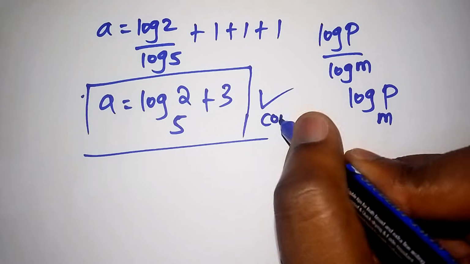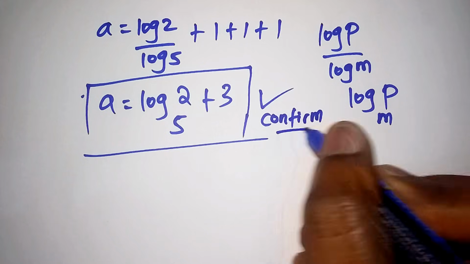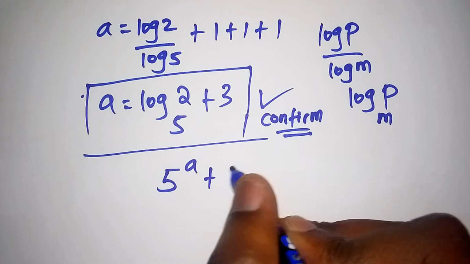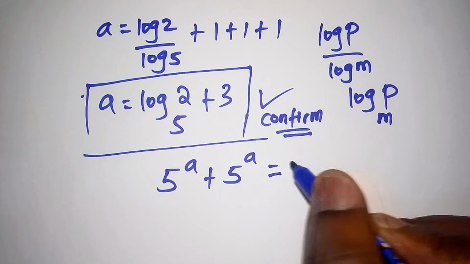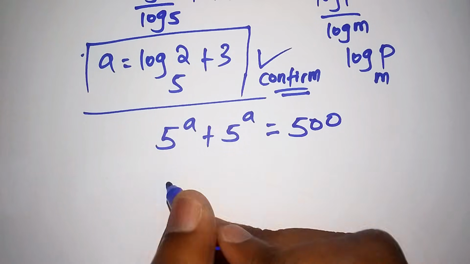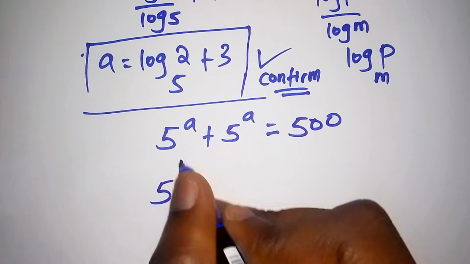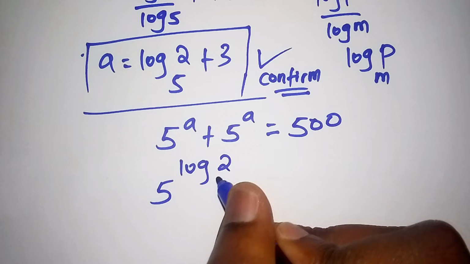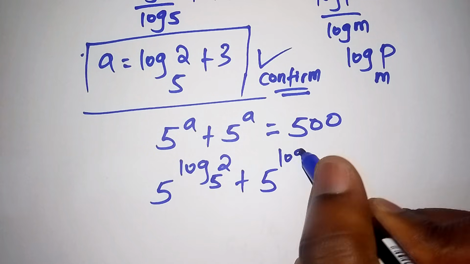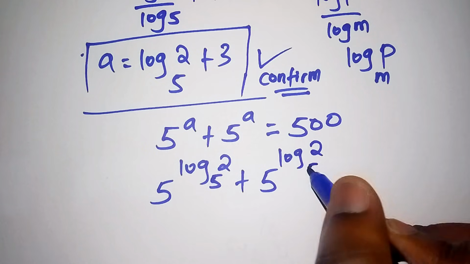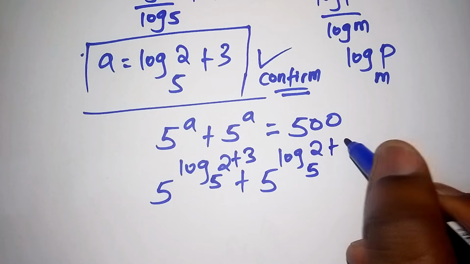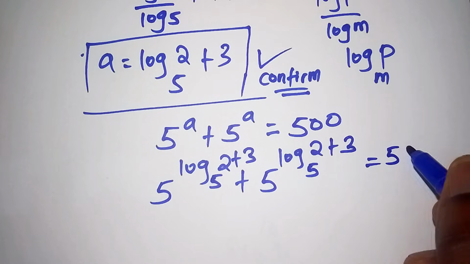So let's now confirm this maths problem. The question that we had is 5 to the power of a plus 5 to the power of a is equal to 500. Instead of writing a, we shall have 5 to the power of the log of 2 to the base of 5 plus 3, plus 5 to the power of the log of 2 to the base of 5 plus 3, equals 500.